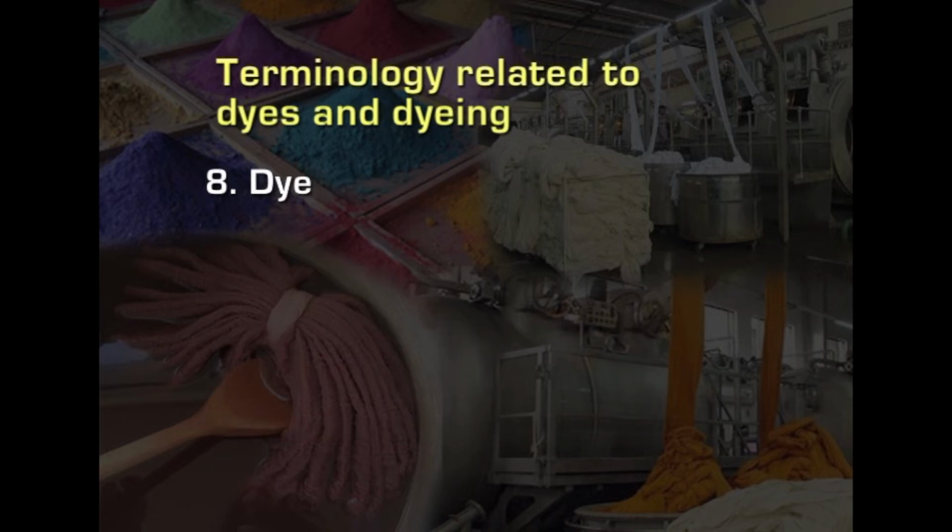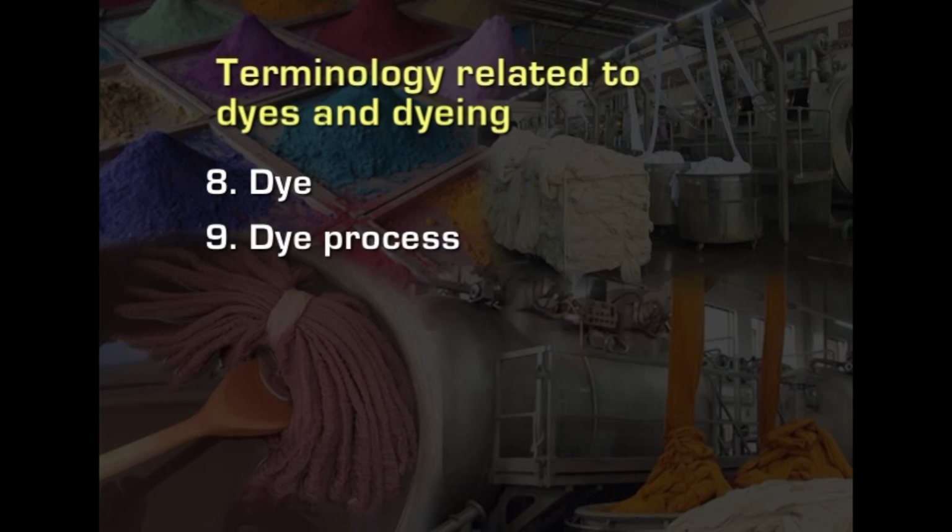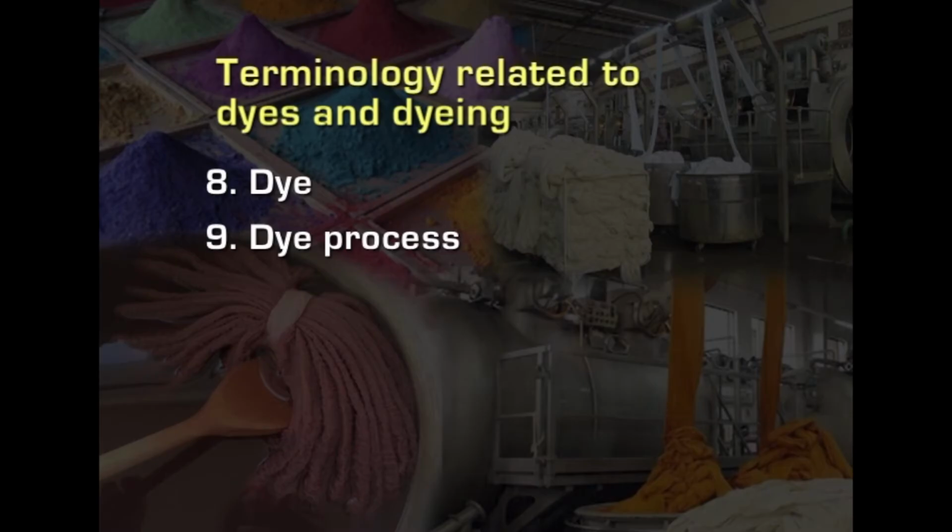Dye is the molecules of the organic compounds called dyes. These are responsible for the color of the dyed and printed textile materials. Dye process is the environment created for the introduction of a dye into the fabric by either hot water or steam or dry heat.